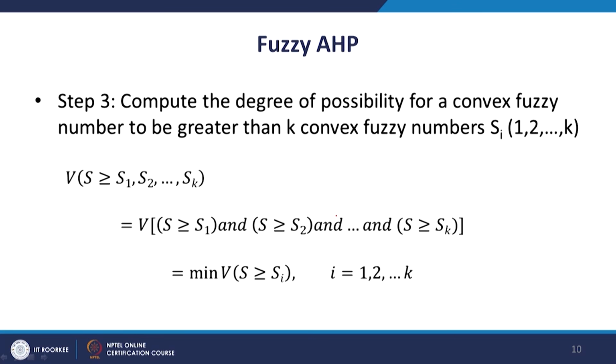So, step number 3 to be performed is to compute the degree of possibility for a convex fuzzy number to be greater than k convex fuzzy numbers. If you see, all the steps that we have talked about till now are about certain computations to be performed, and therefore the discussion is in a more generic sense.